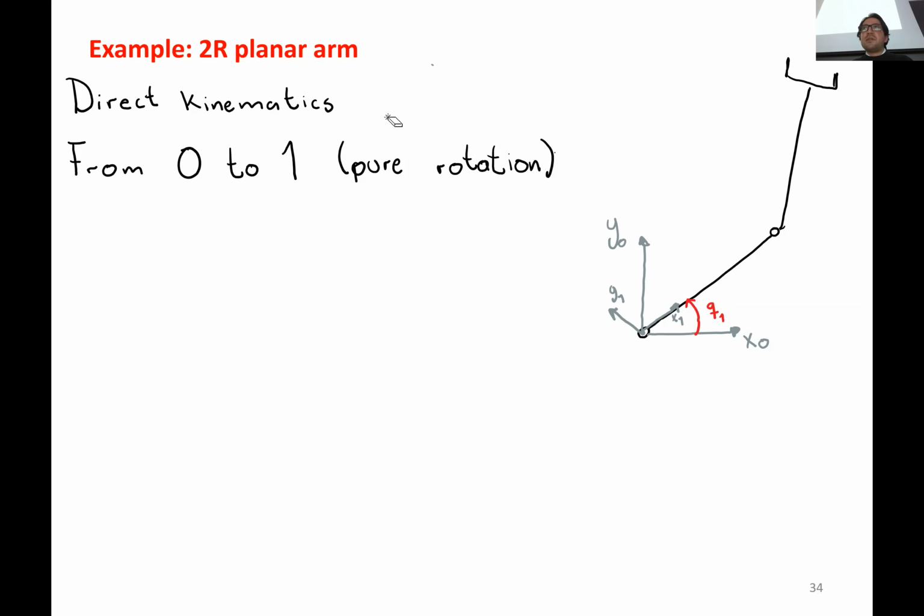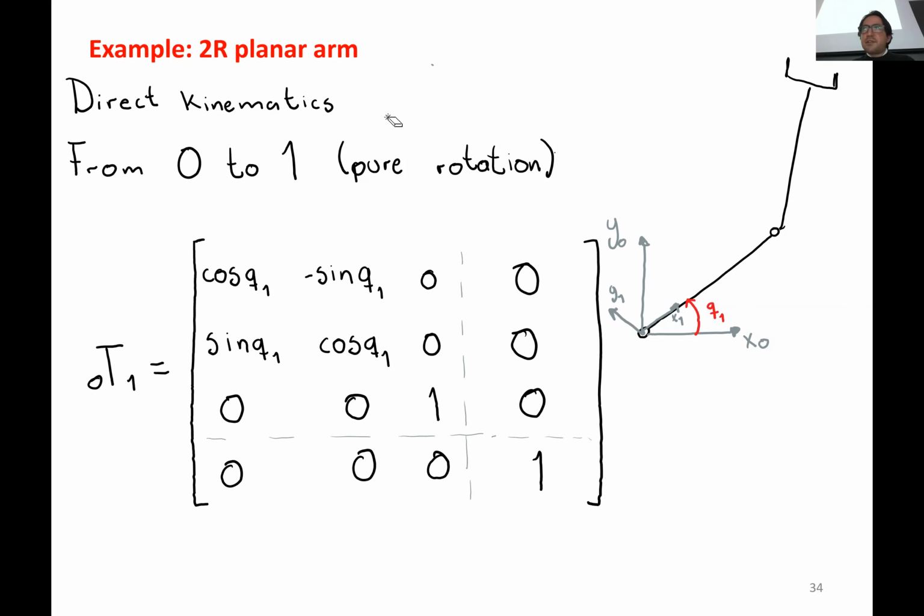Do you remember the rotation matrix along the z-axis? Tell me the terms. Cos, and then all the zeros. Okay, yeah, that's it. So we have the rotation matrix along the z-axis, with the cosine of q1 and minus the sine of q1. So this is a pure rotation.